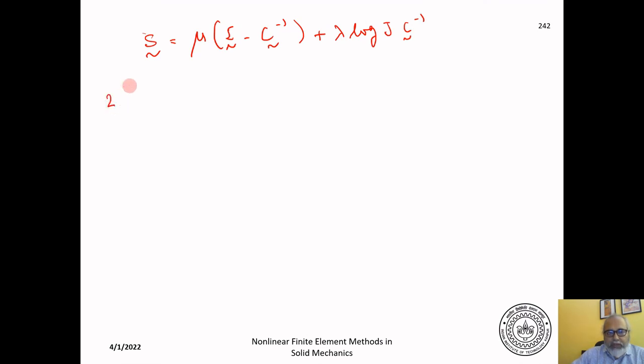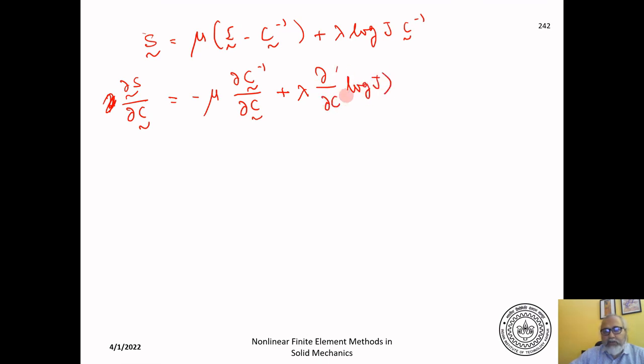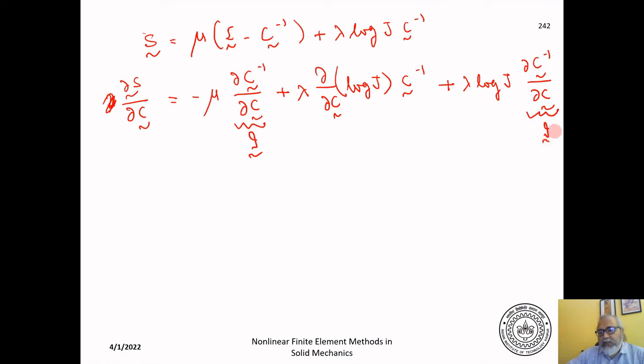So we have to calculate 2 del S del C. Let's calculate del S del C. That would lead to minus mu del C inverse del C plus lambda del C of log J times C inverse plus lambda log J del C inverse del C. These quantities are I that we have derived, and this quantity is half C inverse.